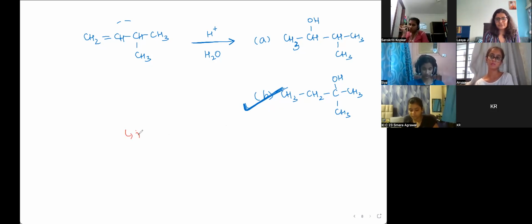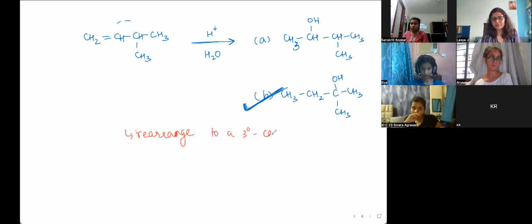So this is going to rearrange to a tertiary carbocation due to stability, because this is more stable.